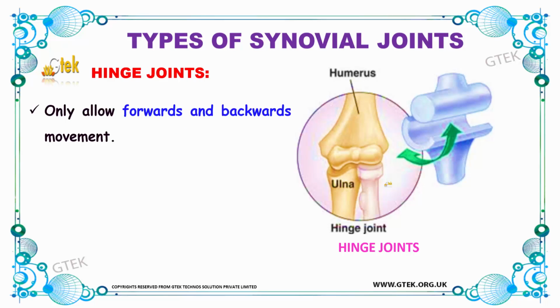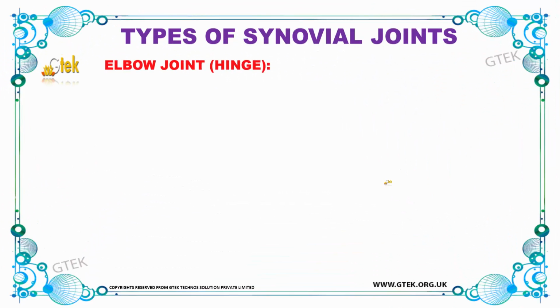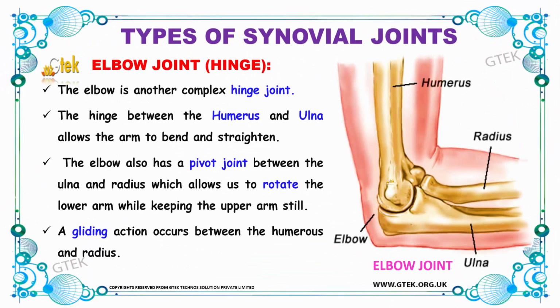You can move your arm only forward and backward. It doesn't rotate at the junction of your upper and lower arm. That is exactly what is known as elbow. So, the junction of your upper and your lower arm, that is your elbow, has your hinge joint.